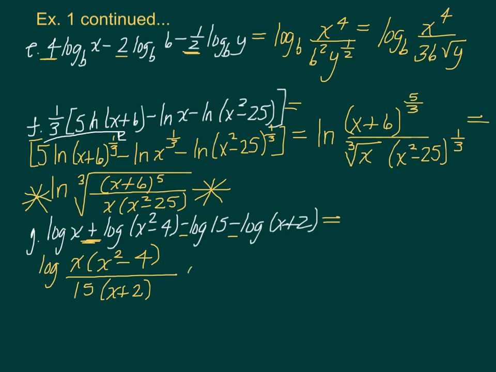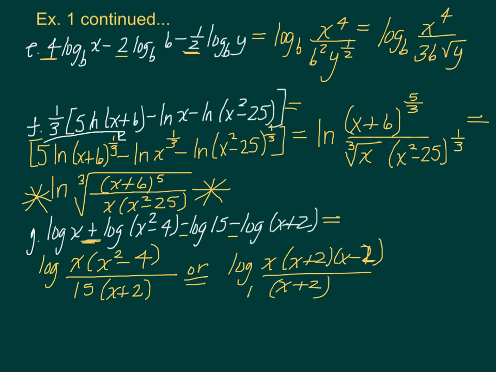If you wanted to go further and simplify, you can factor the top, because that's a difference of squares. That way those two terms cancel, and your simplified answer will be as follows. So either of those is acceptable for your final answer for G.